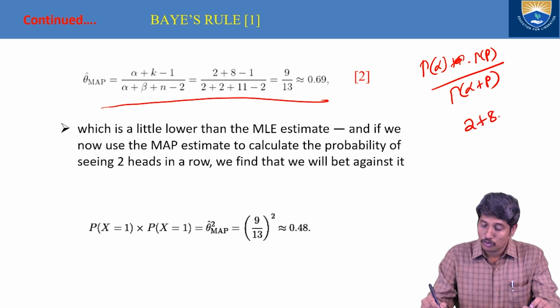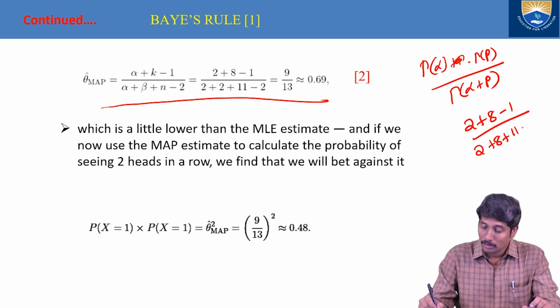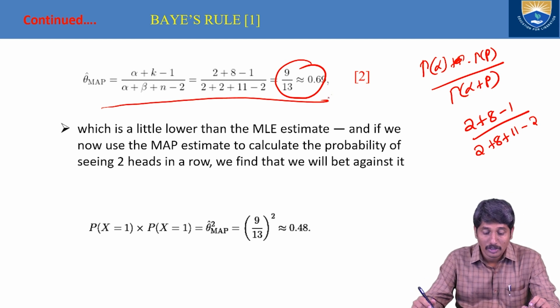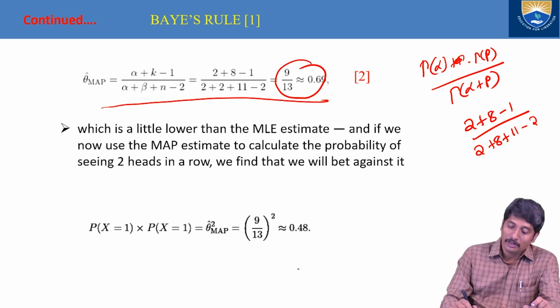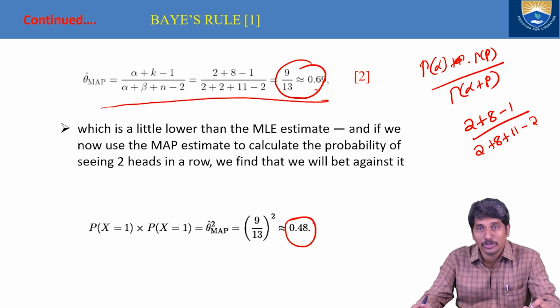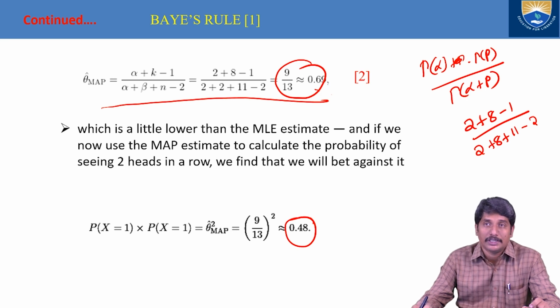So it would be 8 minus 1 over 2 heads plus 8 heads plus total number of times tossed, 11 times, minus how many times we have to toss, that is 2 times. We are getting 9 by 13, which is nothing but 69%, 0.69. So 9 by 13 for one time, 9 by 13 for another time, that means it becomes 48%. So based on the Bayesian approach, we observe only a 48% chance of getting heads the next 2 times.